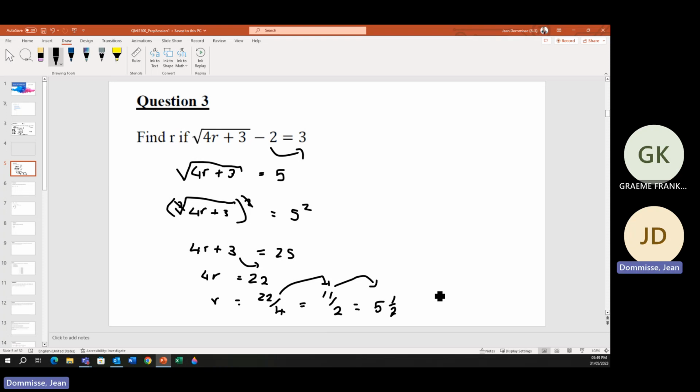Okay, so basically in this one, we first needed to get rid of the square root. How we got rid of that is we took it to the power of 2 on both sides, and then you just use simplification to get to the answer.